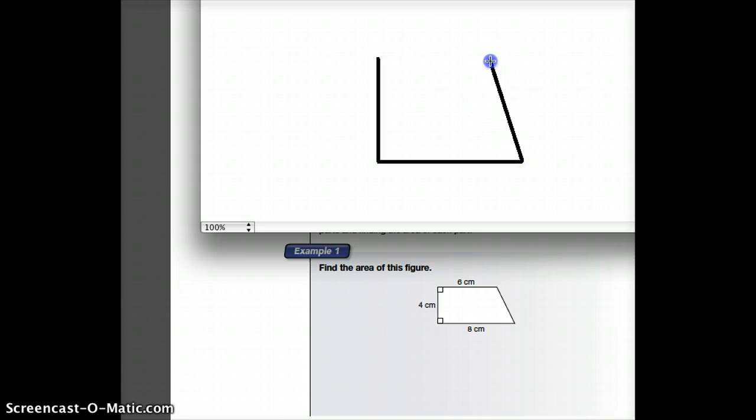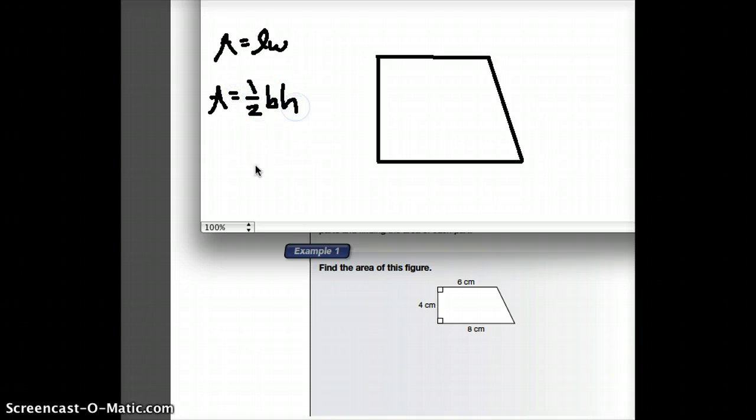For example, I know the formula for the area of a rectangle: area is equal to length times width. I know that the area of a triangle is 1/2 base times height. So what I want to do is cut this into either a triangle or a rectangle or both, and then I can find the area of those things and add them together. And that's what I'm going to do to this one.